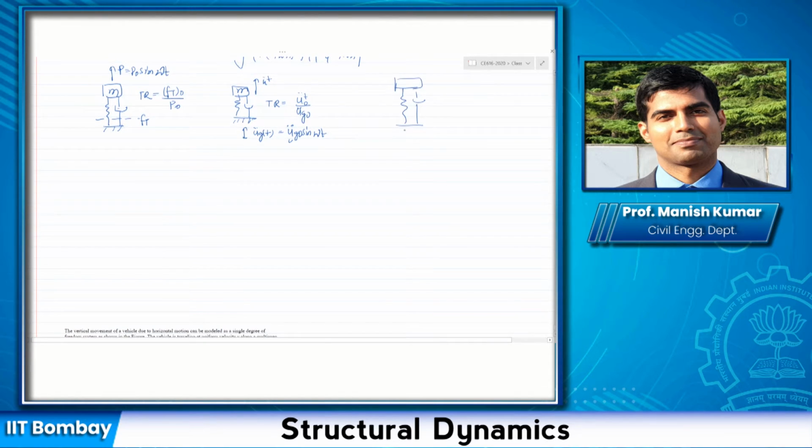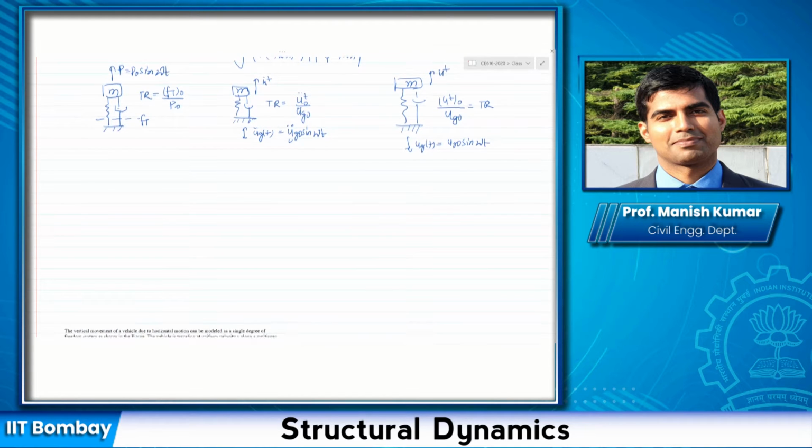If I have the mass and I represent the ground excitation in terms of displacement, so that it is ug sine omega t, then the peak value of the total deformation of this mass divided by the peak value of ground displacement, I can again write as transmissibility, and we derived those expressions for how they come out as transmissibility. So these cases you need to keep in mind.